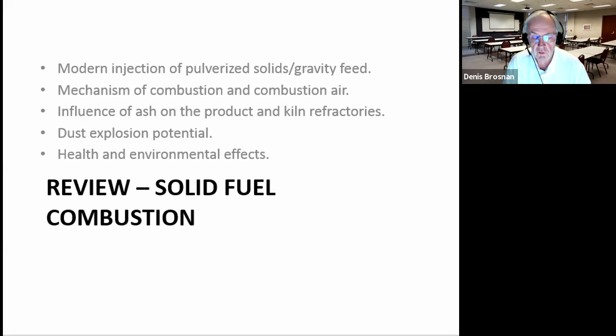In addition to the dust explosion potential, we also talked about some of the health and environmental effects of fuels. We talked about respiration of fuels and the fact that ash was in a particle diameter that typically can pass into the lungs and can be captured into the lungs and cause human beings some problems. We talked about my personal opinion about smoking and dust exposure.